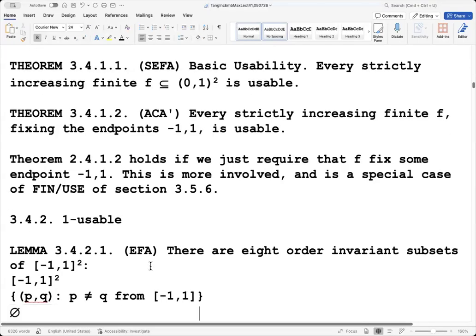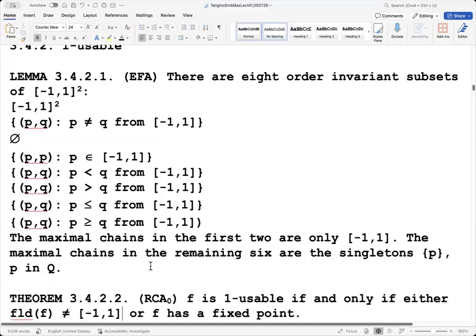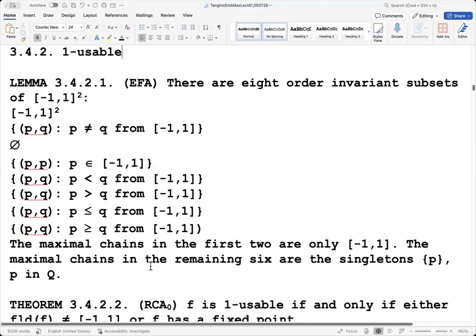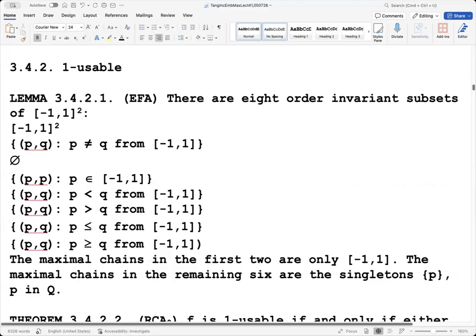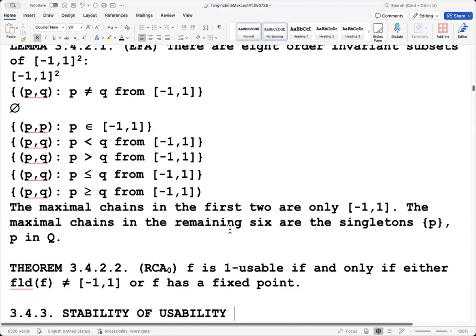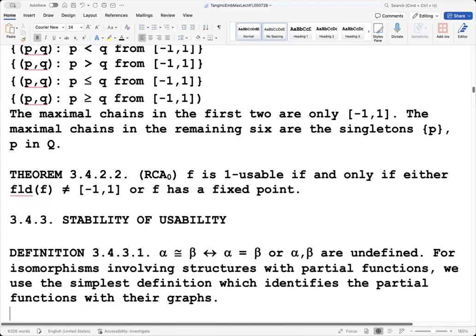One usability is for any function, it doesn't have to be finite, and it's very easy to be one usable. So the one usability theorem is: either the field isn't everything, or F has a fixed point.